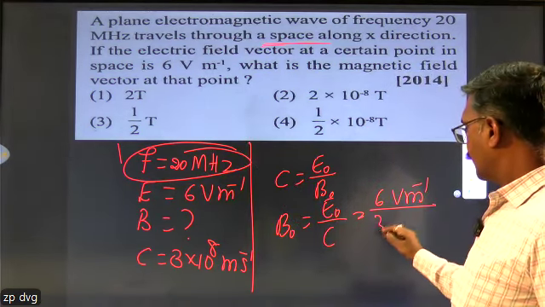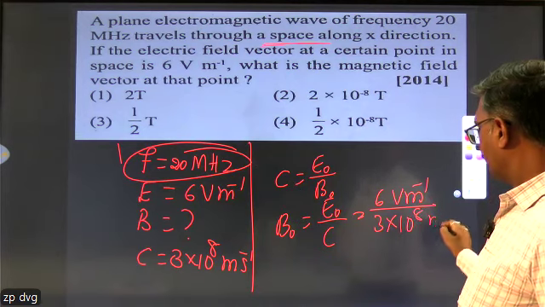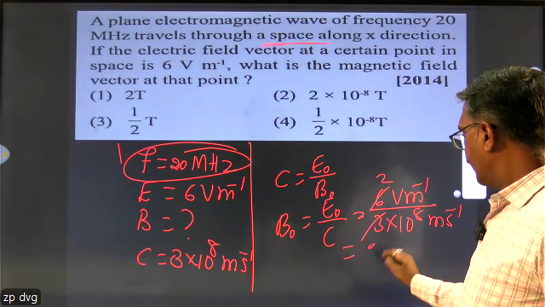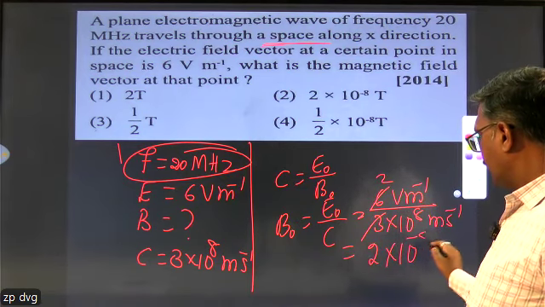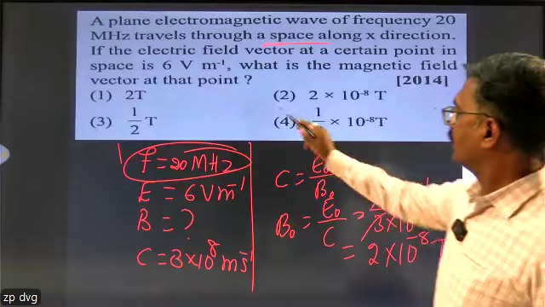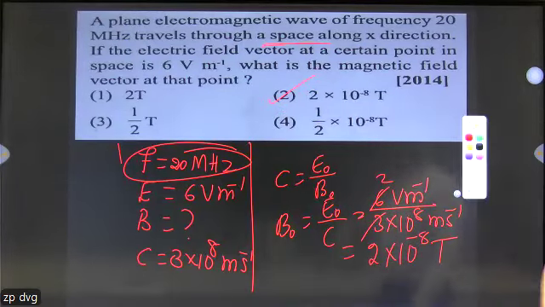How much is c? 3 into 10 power of 8 meter per second. So 3 ones are 3, 3 twos are 6, so it will be 2 into 10 power of minus 8 Tesla. The correct option is 2. 2 into 10 power of minus 8 Tesla.